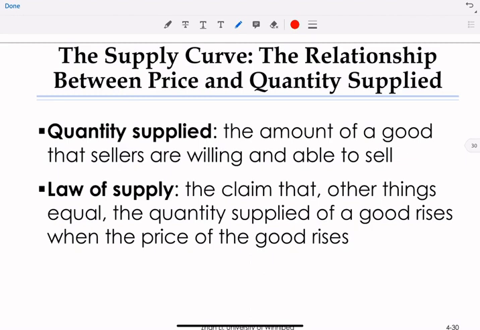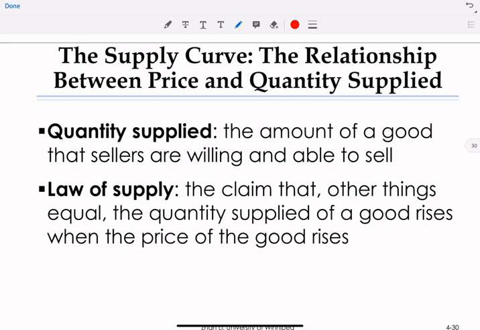So the quantity supplied is the amount of a product that sellers are willing and able to sell. You can see that this is like the opposite type of definition compared with quantity demanded, right? Because quantity demanded is the amount of a good that buyers are willing and able to buy.